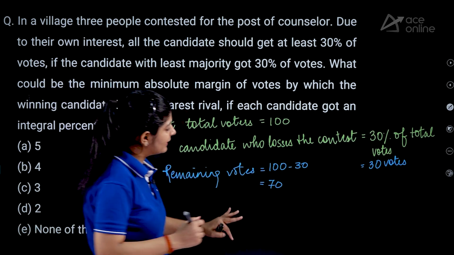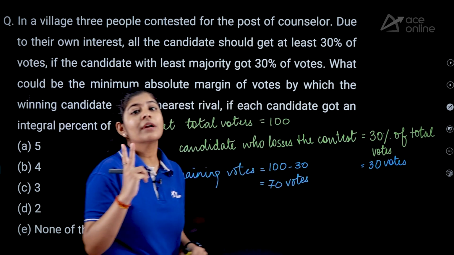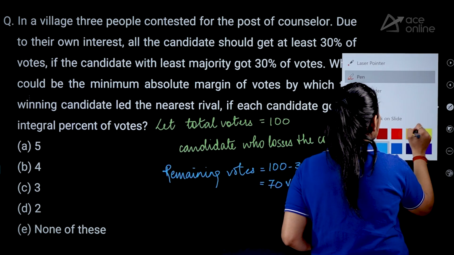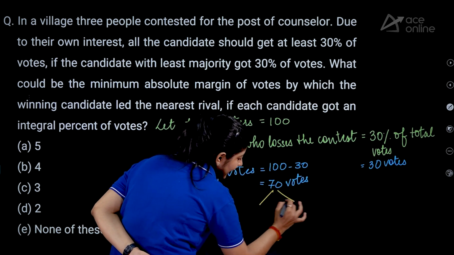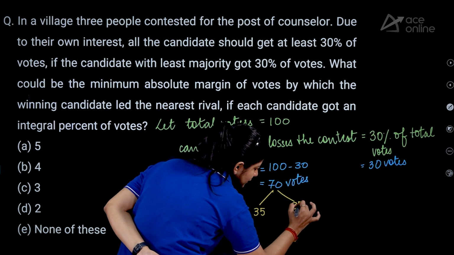Now these 70 votes are divided between the rest two candidates, okay? So now let's start dividing it. The first case: maybe they both are getting 35 and 35 votes.